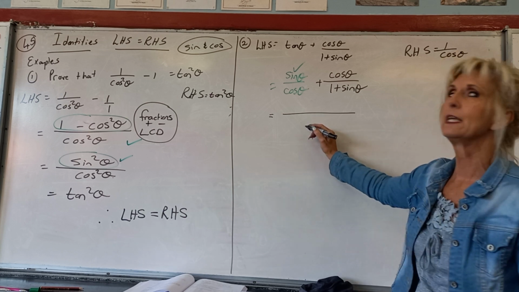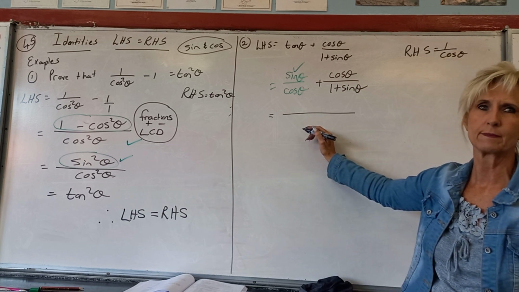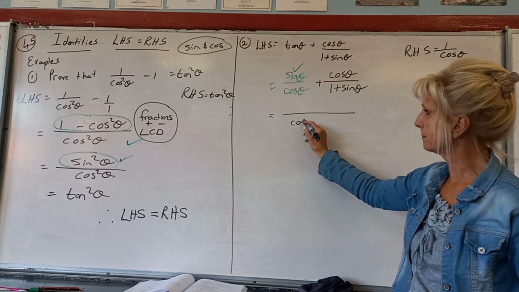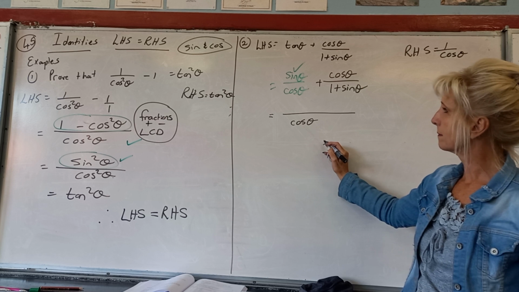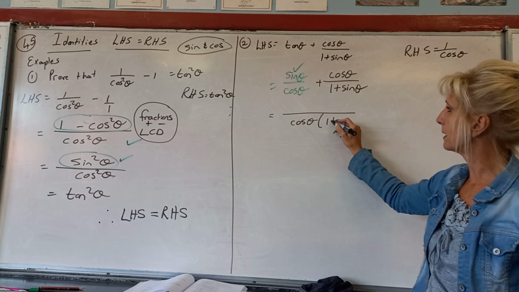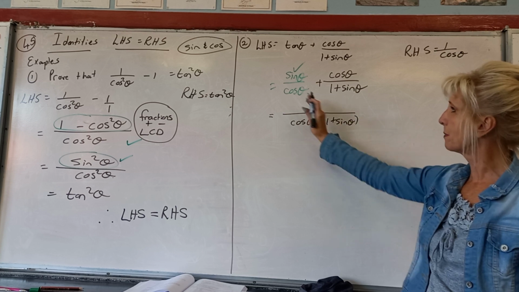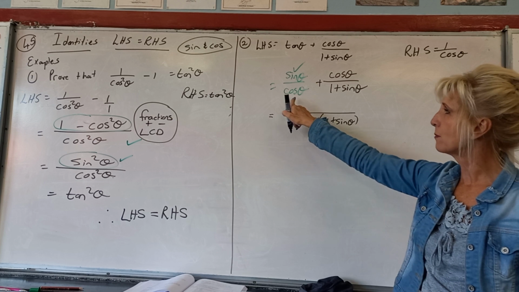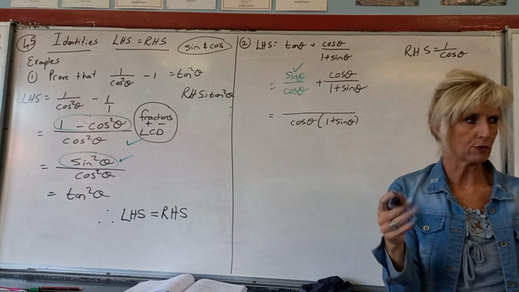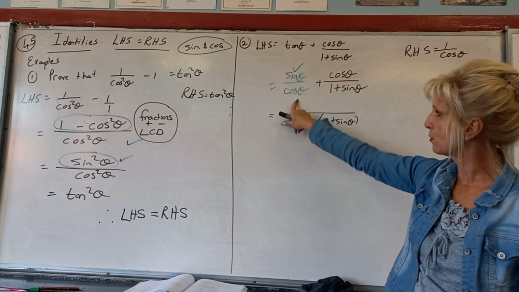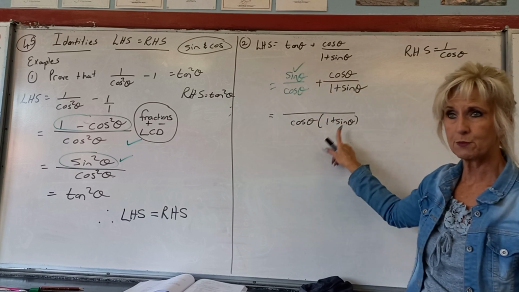So the LCD is what? Is that cos theta? And that? In a bracket, 1 plus. So because you multiply them, right? For the LCD, what did you times with, back to grade 7 or grade 6? What you times at the bottom, you times at the top. What did I times with cos? This bracket.